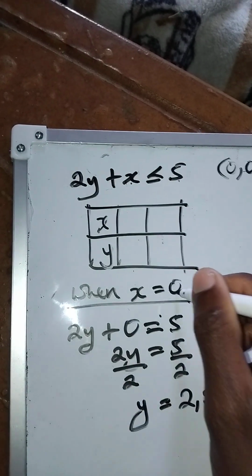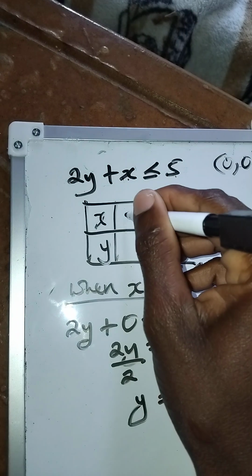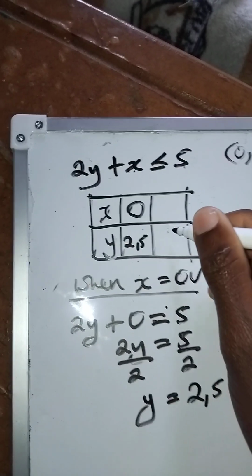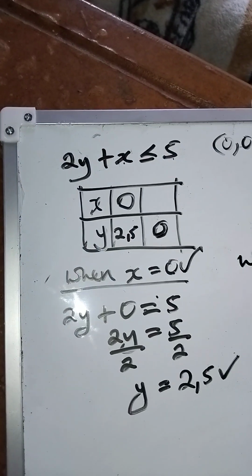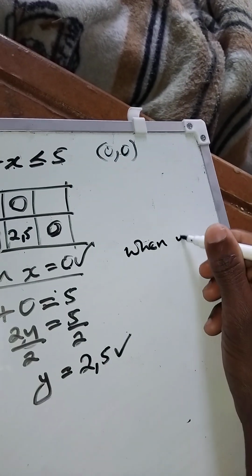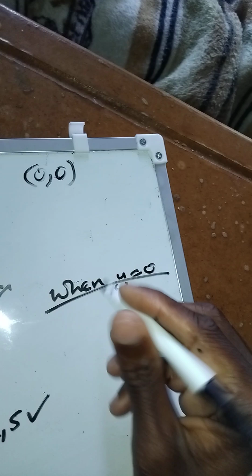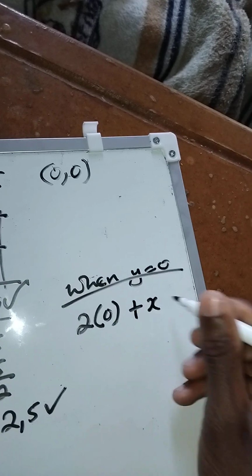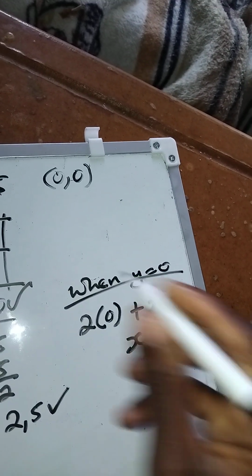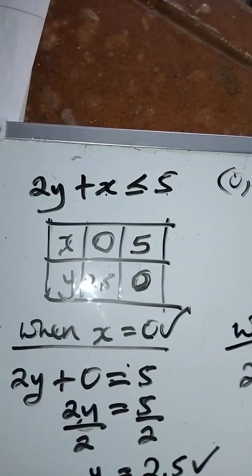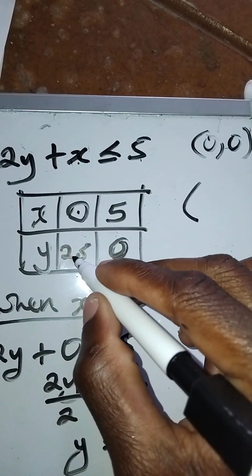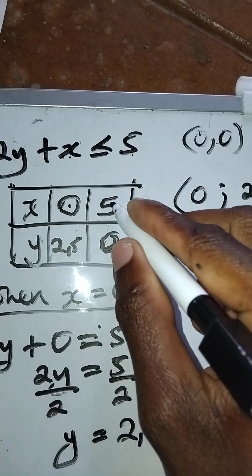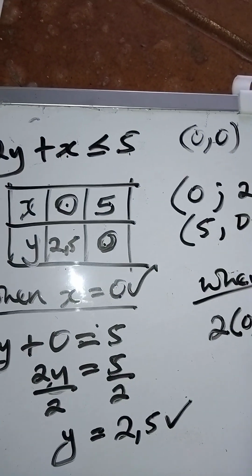So the coordinates are (0, 2.5). Then when y is 0, 2y is 0 plus x is equal to 5, so x is 5. The coordinates are (5, 0).